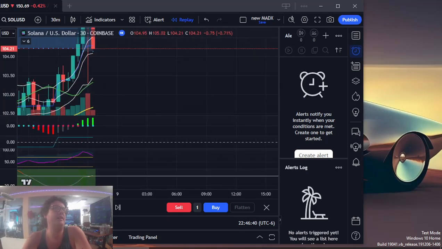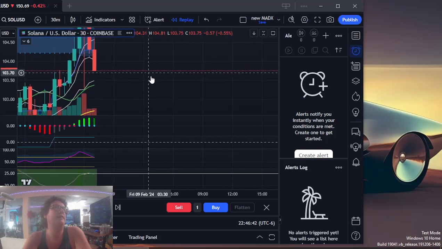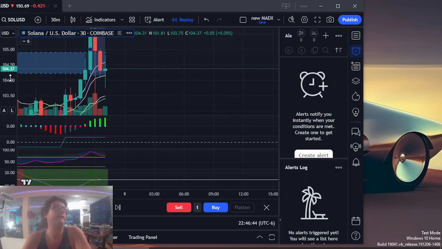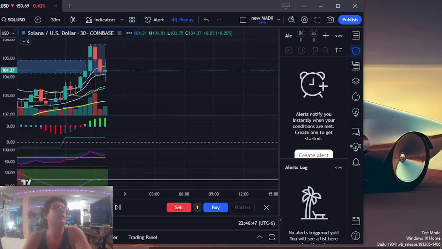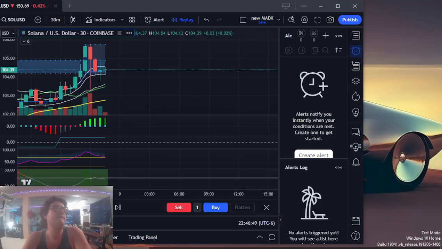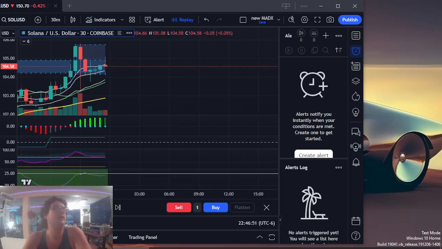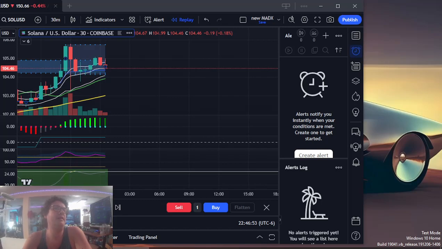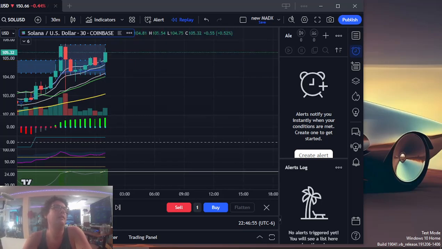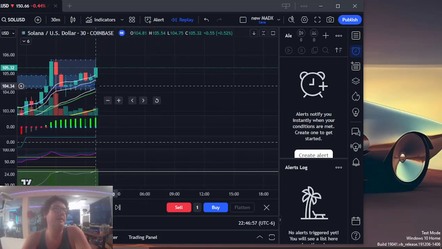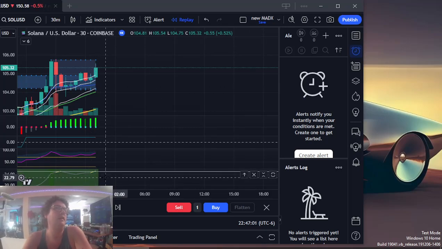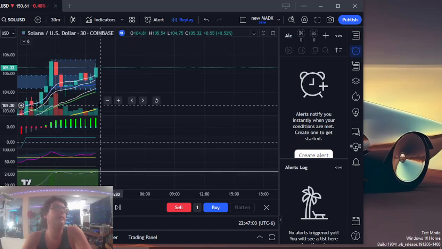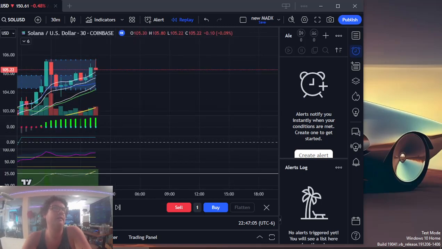Let's wait for that ADX to get above the line. Wait for that ADX to get above the line again. Alright, we're in the supply-demand zone. 1, 2. Nope. So that's a no-go.